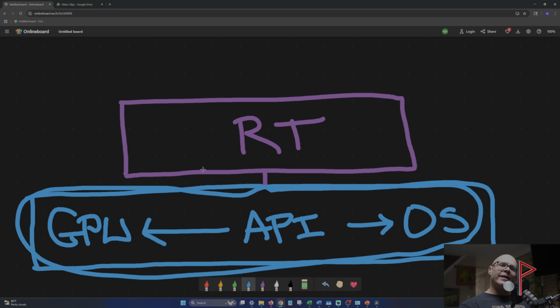So both ray tracing and DLSS performance mode at 4K, but DLSS really in general, kind of do the opposite thing. And that's really fascinating to think about when considering that they're both mentioned in the same breath almost.